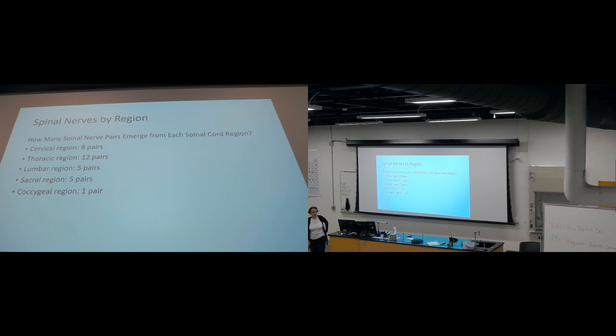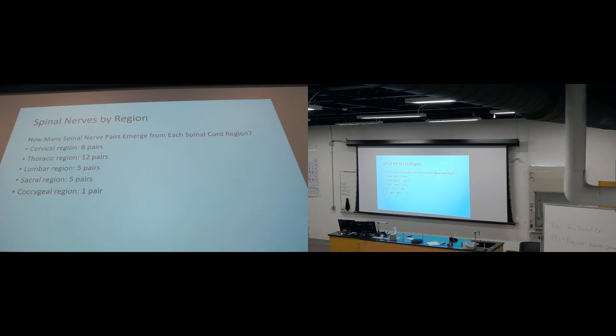Now, these spinal nerves are located in different regions along the body from where they exit. We have eight cervical, 12 thoracic, 5 lumbar, 5 sacral, and 1 coccygeal. So how many are in total? 31.